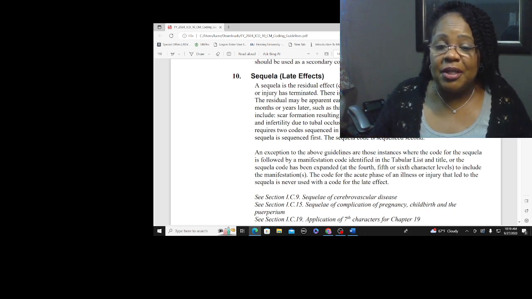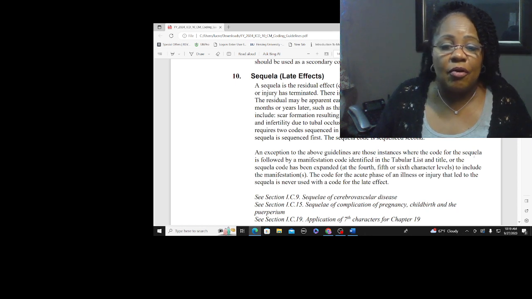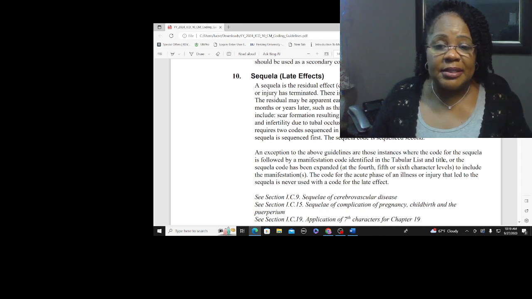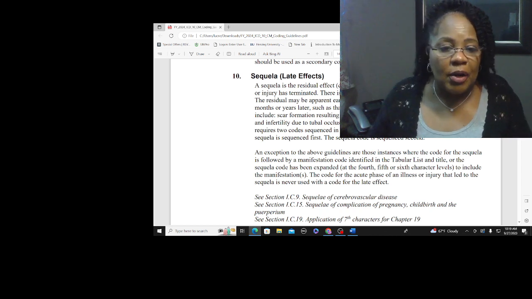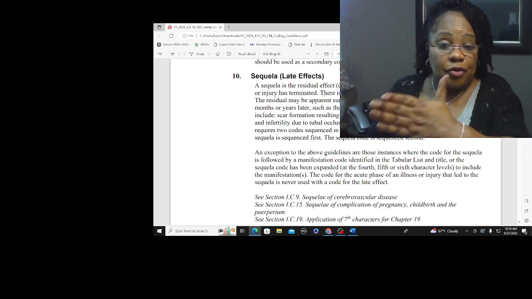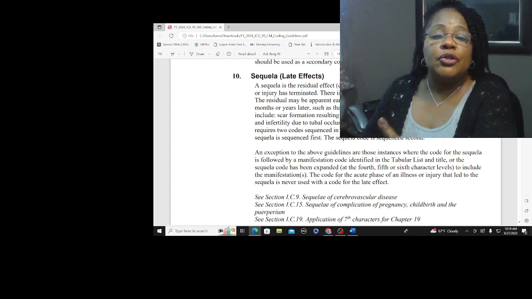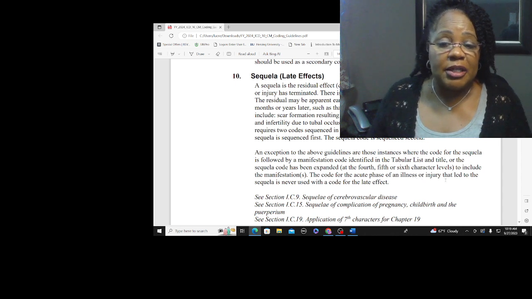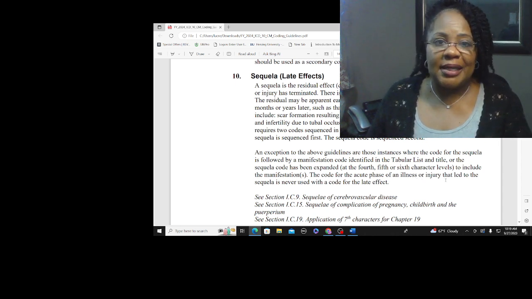An exception to the above guidelines are those instances where the code for the sequela is followed by a manifestation code identified in your tabular list and title, or the sequela code has been expanded at the 4th, 5th, or 6th character level to include the manifestation. And the code for the acute phase of an illness or injury that led to the sequela is never used with the code for the late effect.